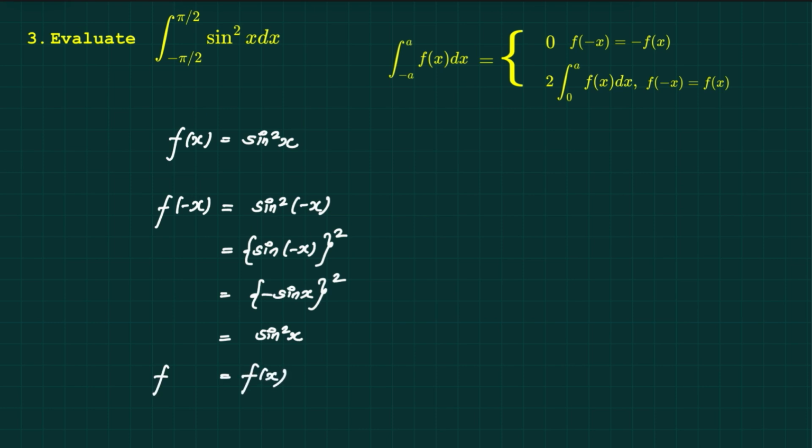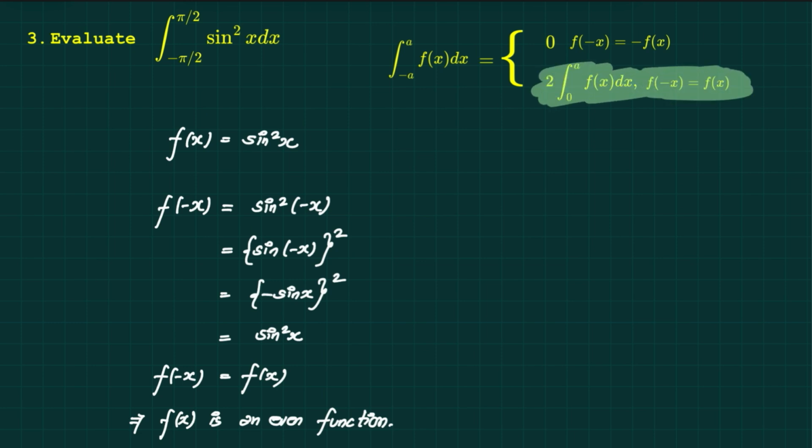That means f of minus x is equal to f of x. So this implies the given function f of x is an even function. Hence we have to follow the second type.